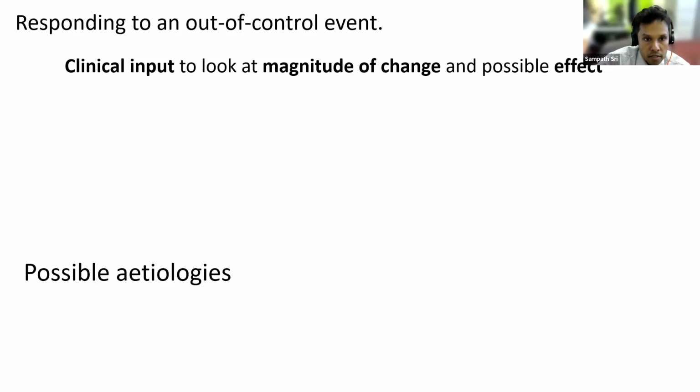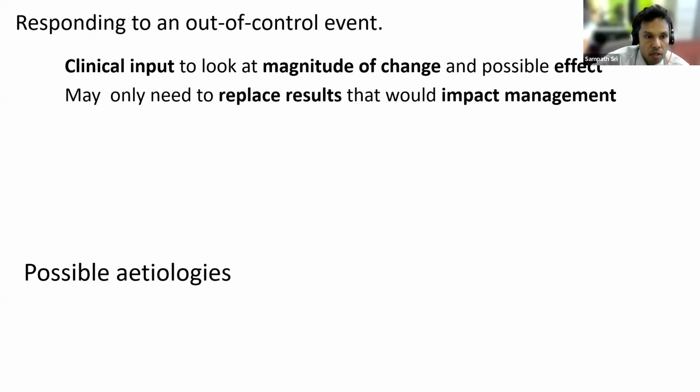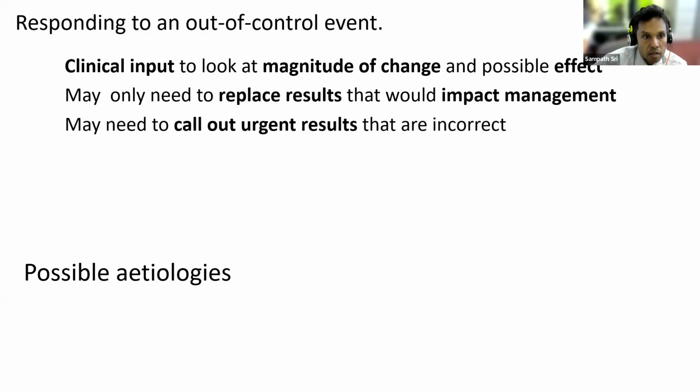We have to assess the impact of the changes on patient management. Sometimes we may only need to replace results if there's a management impact. If there's an urgent result, we may need to call the results.